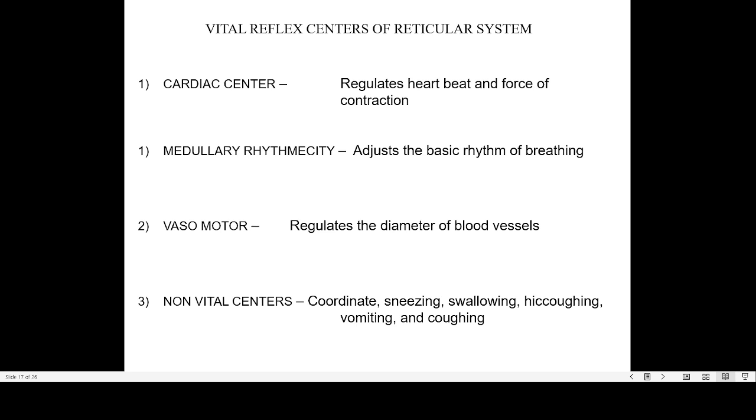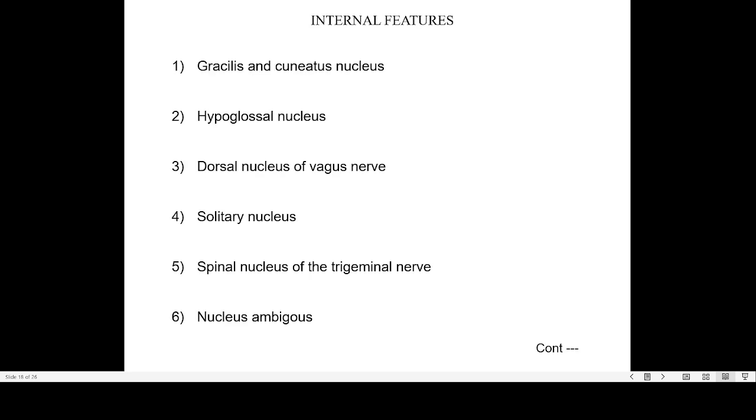Then there are non-vital centers that coordinate sneezing, swallowing, hiccup, vomiting and coughing. Especially remember the vital ones: the cardiac center controlling the heart, medullary rhythmicity controlling the respiratory system, and the vasomotor center controlling the blood vessels.